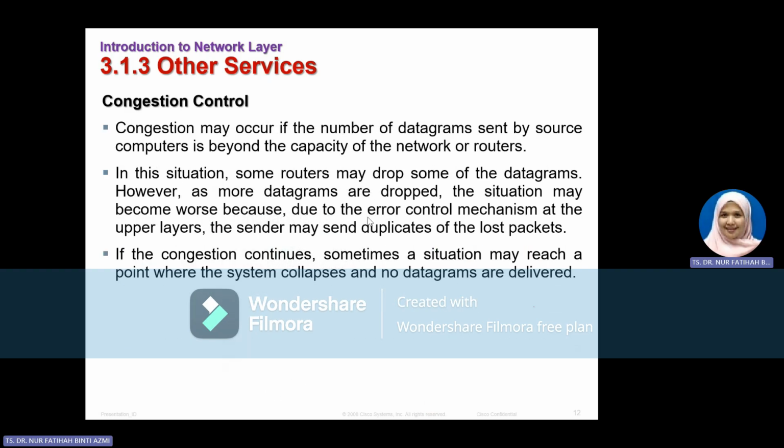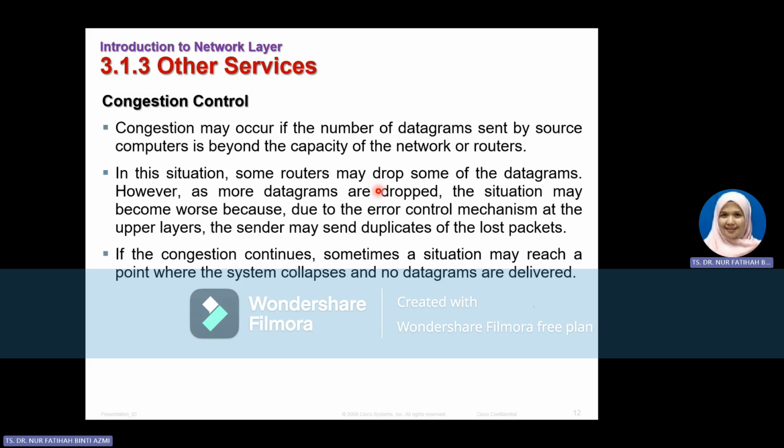And when too many packets are sent into the network, we will face congestion. The routers may drop packets or make the situation worse. The transport layer may try to recover the lost packets, leading to even more congestion.